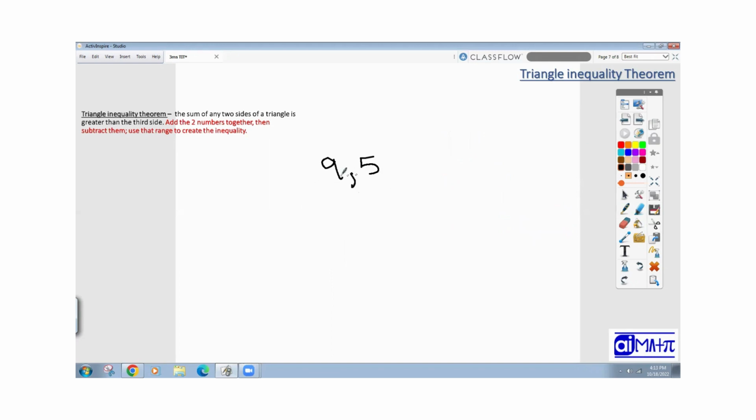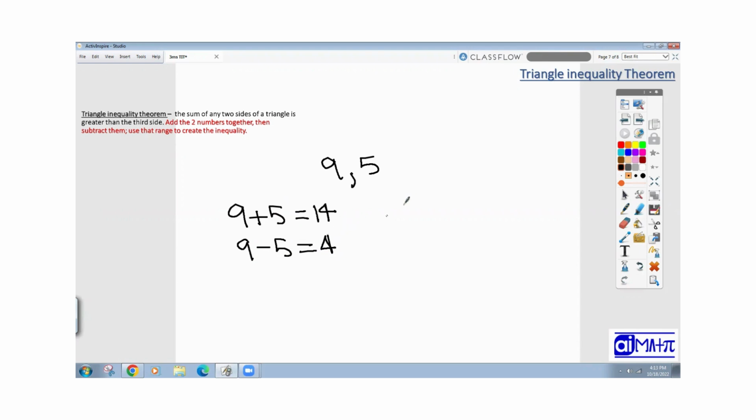One more, I want you to try this. So you're going to pause the video and work it out the same way we just did. So the first thing we do is 9 plus 5, which is equal to 14. And then 9 minus 5, which is equal to 4.